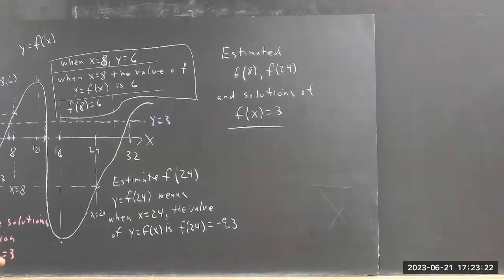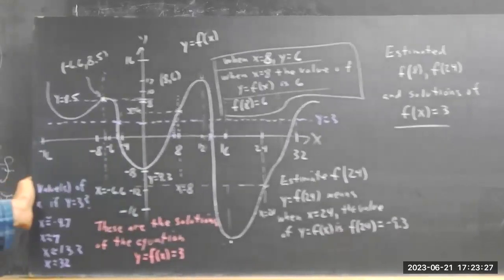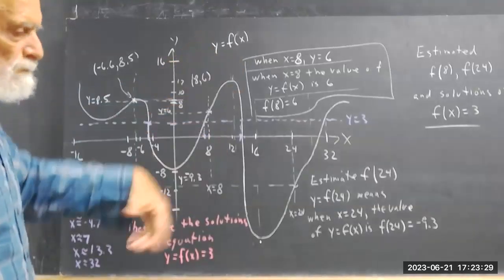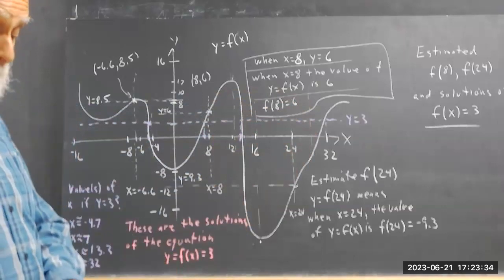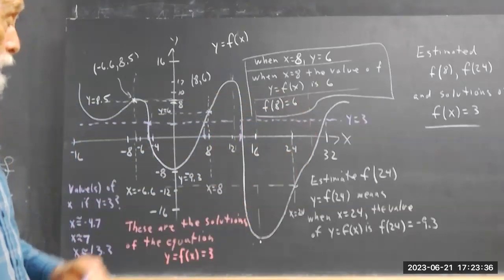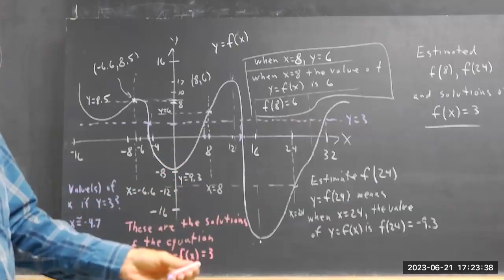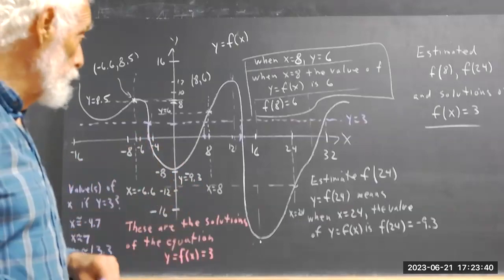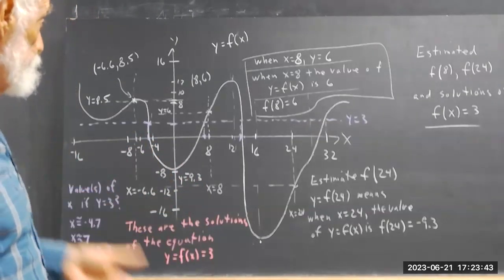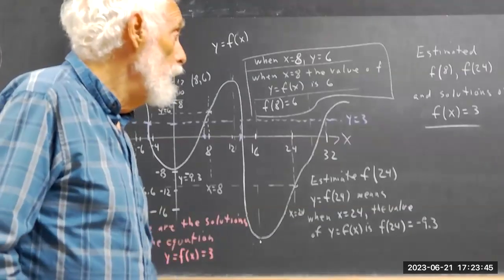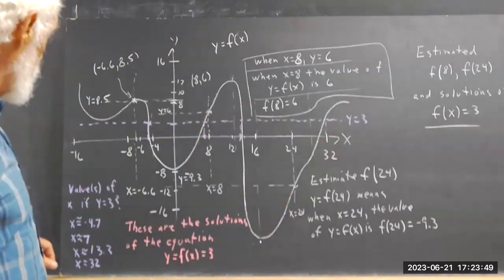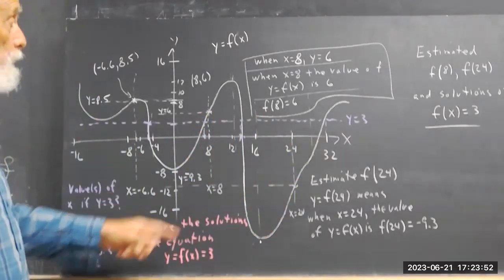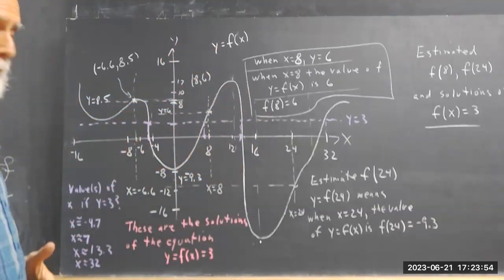Now, one exercise I'll give you is the coordinates of maybe 5 random points and ask you to do a similar exercise: estimate f of some value, y of some value, and solutions of f of x equals some number. So this is the language, and this is how we do it.